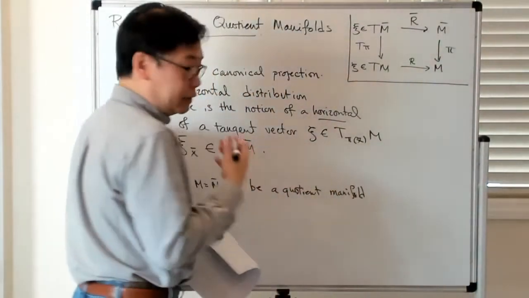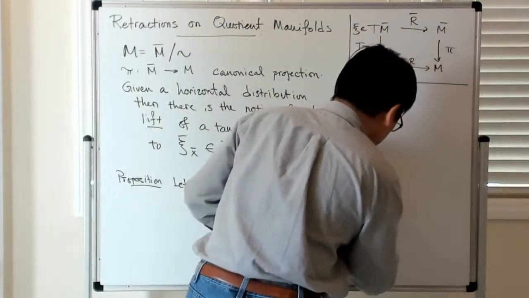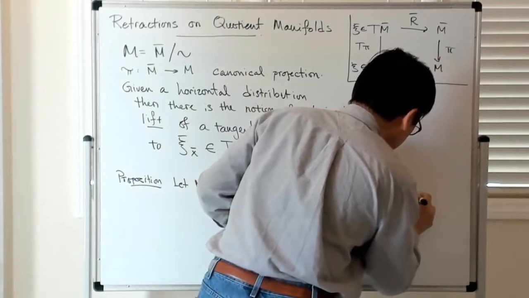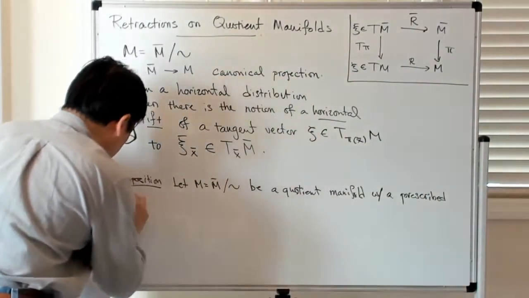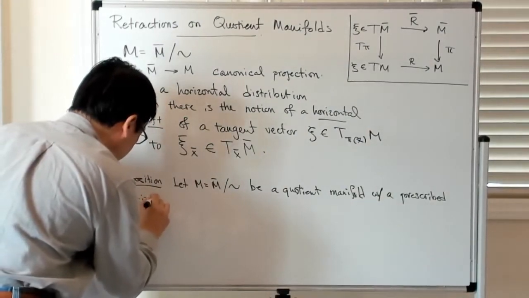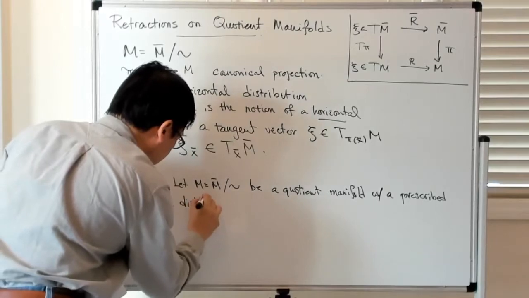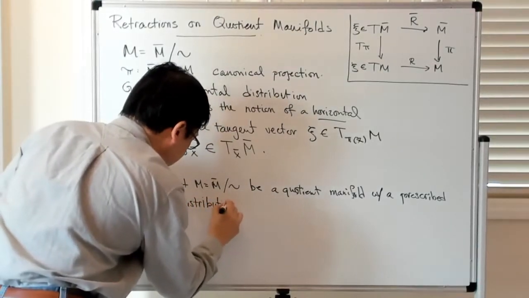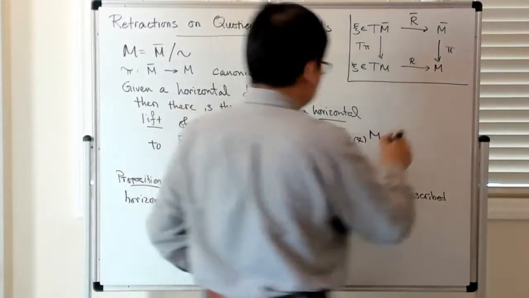And I'm going to endow this quotient manifold with a horizontal distribution. And if you recall, there's one very obvious natural choice of a horizontal distribution.